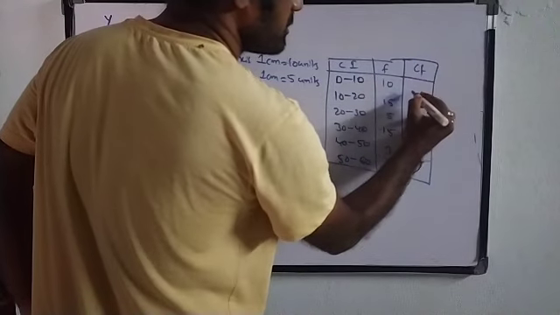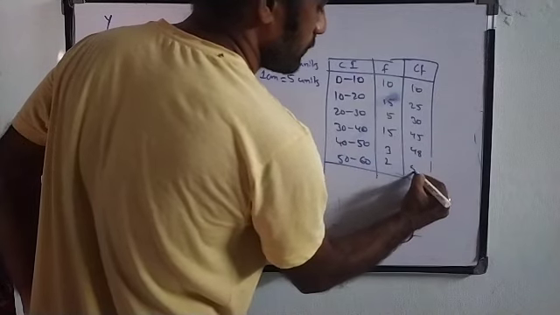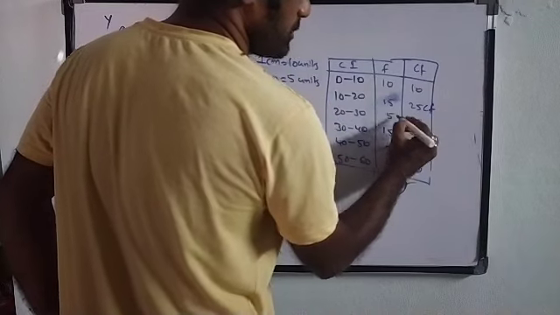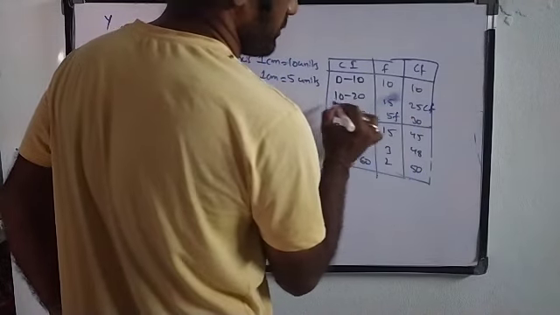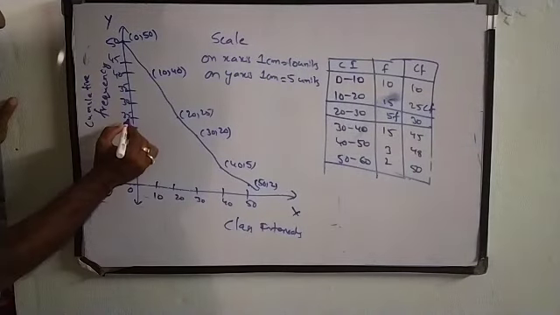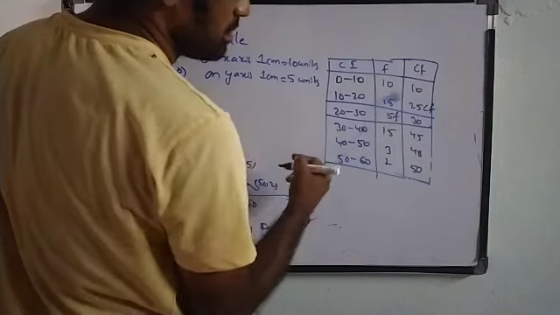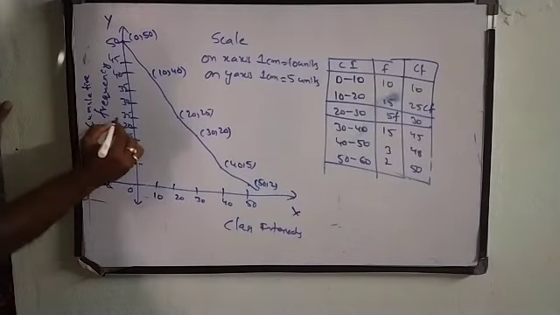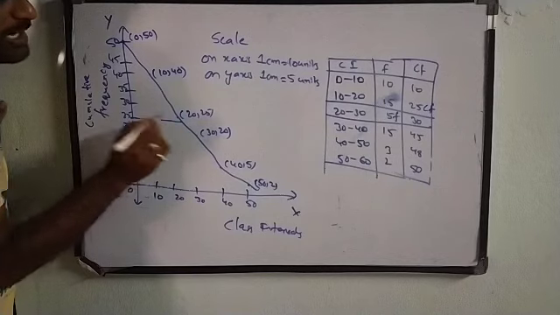So cumulative frequencies: 10, 25, 30, 45, 48, 50. So 50 by 2 is 25. This is the cumulative frequency and this is the frequency. So your cumulative frequency is at 25. So at 25, we need to mark a point in such a way that wherever it is touching the graph.